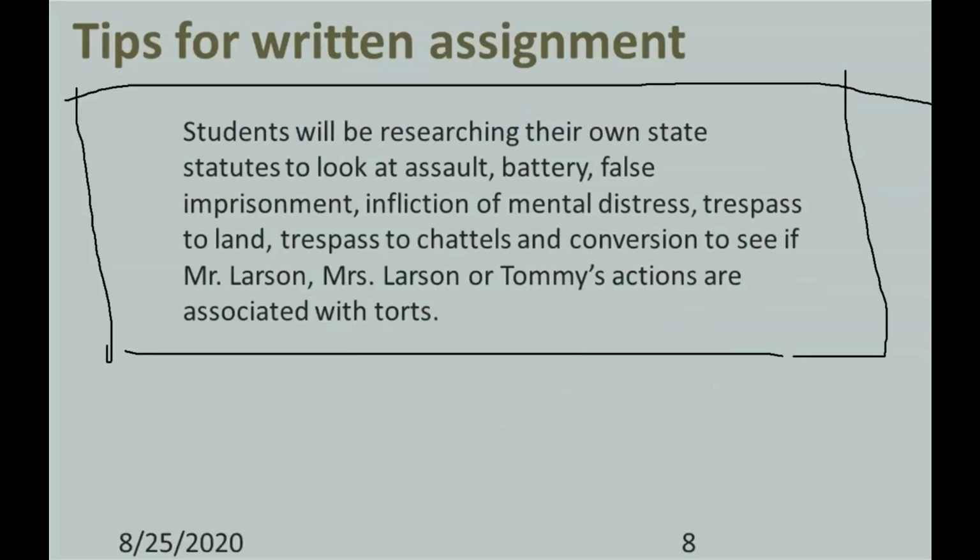My suggestion, though, is you can look at state statutes, but you won't normally find the answers. Use the text and lesson content.